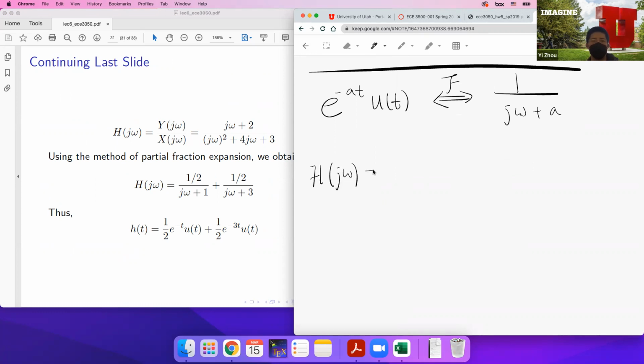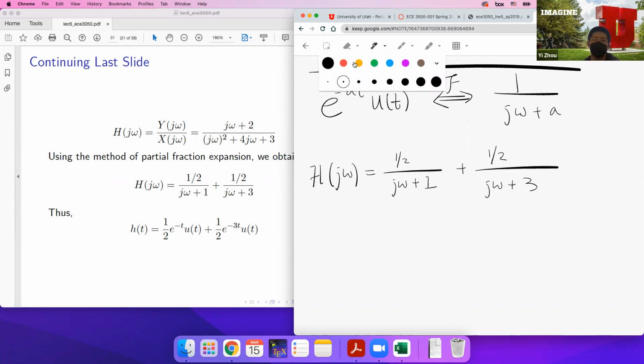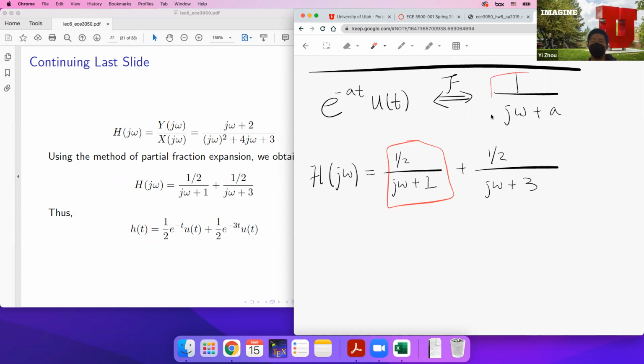H(jω) equals 1/2 over jω plus 1, plus 1/2 over jω plus 3. For each of them, this fraction falls into this standard form. So we can directly refer to this Fourier pair and conclude.